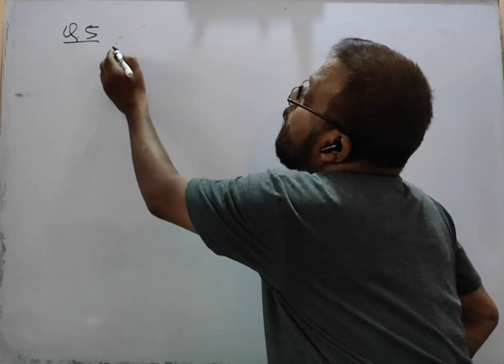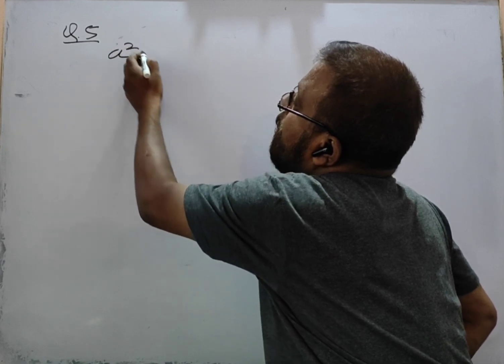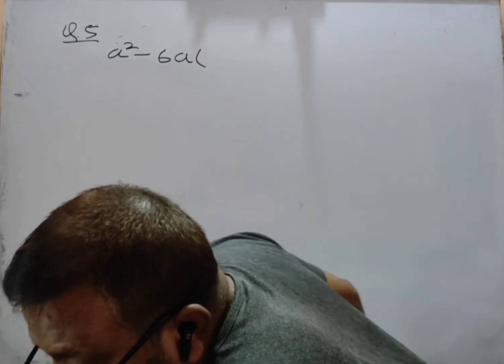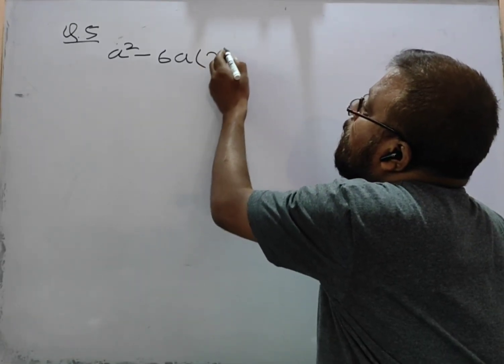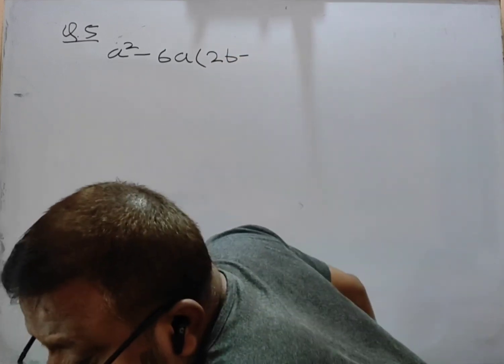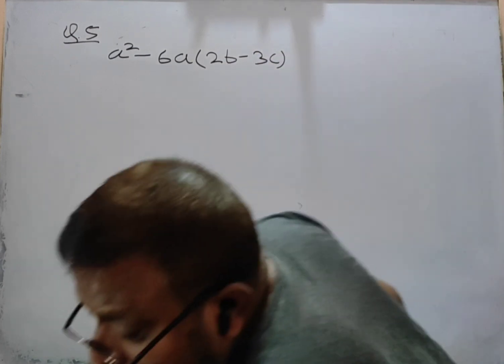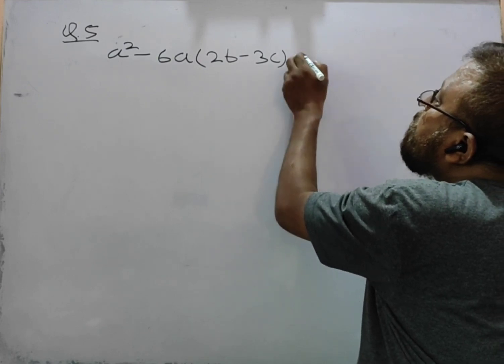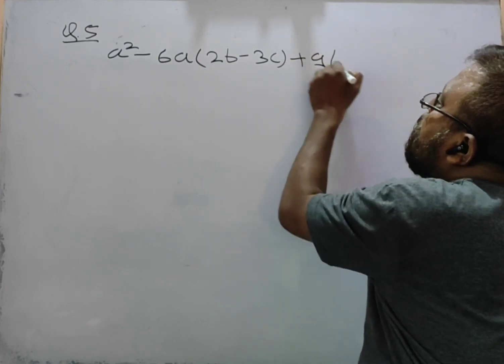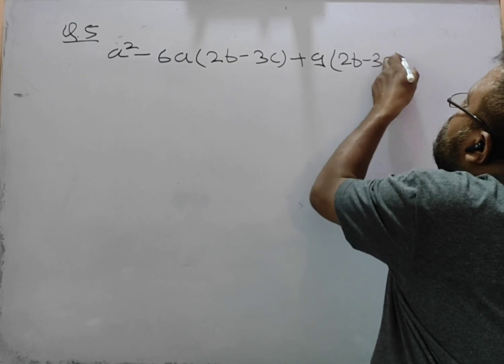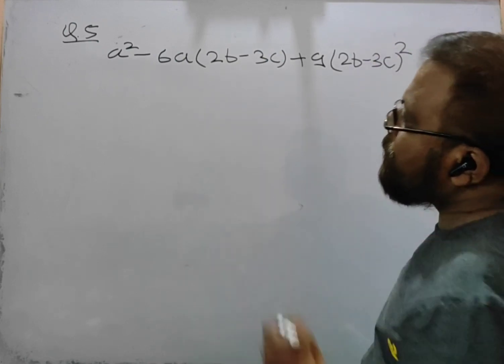And that question number 5 is a square minus 6a bracket 2b minus 3c, plus 9 bracket 2b minus 3c whole square. This is the question now.